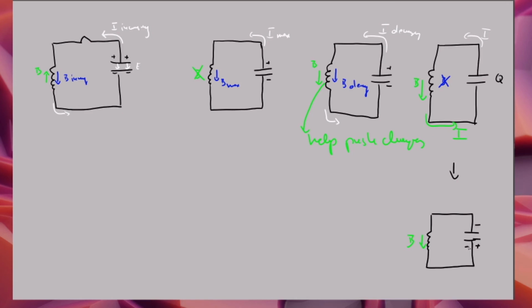That will continue for a while until eventually this current here, the green current I, also dies out. And so we end up in this state where we have, oh, that's interesting, look at that. Should be minus here, big minus here.